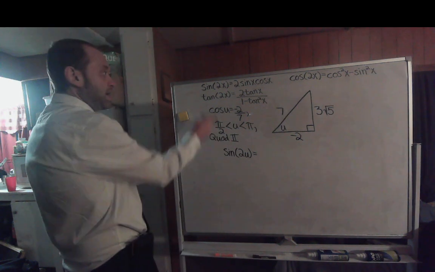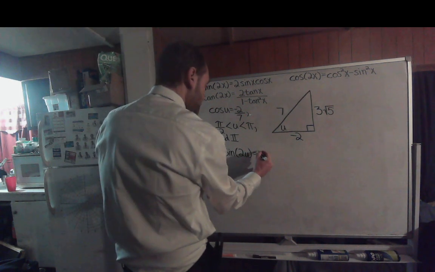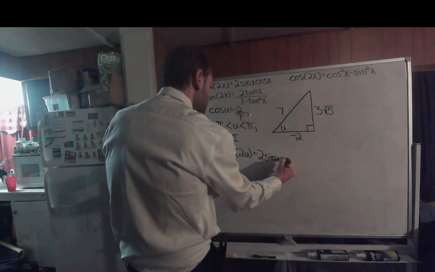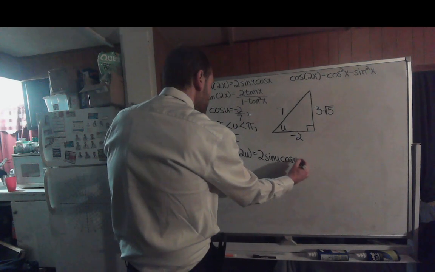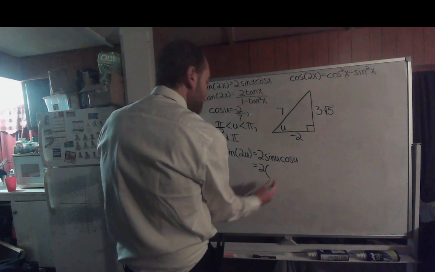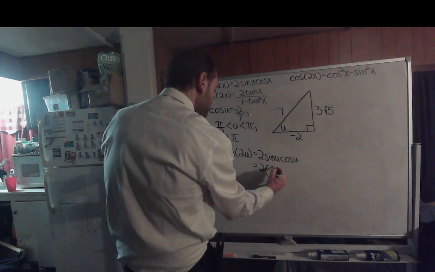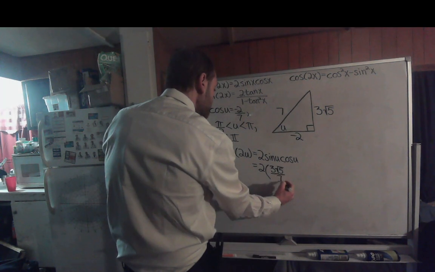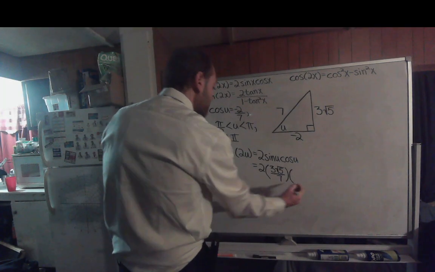Let's apply our double angle formula for the sine function. That would be 2 times the sine of u times the cosine of u. So 2 times, now what is the sine of u? That would be 3 times the square root of 5 all over 7, times the cosine of u.